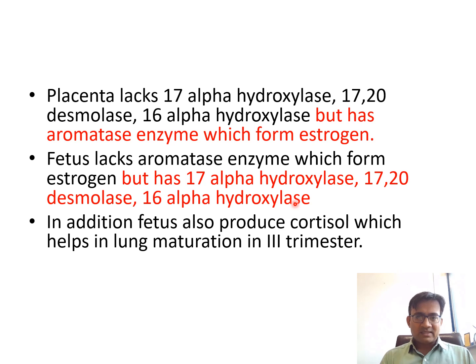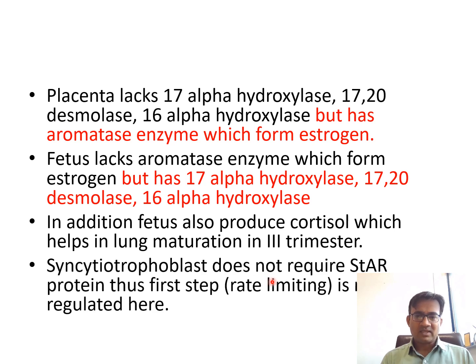In addition, the fetus also produces cortisol which will help in lung maturation in the third trimester. One thing I have already mentioned is that the syncytiotrophoblast does not require the StAR protein, which is considered to be a rate limiting step. So the placenta does not require it.